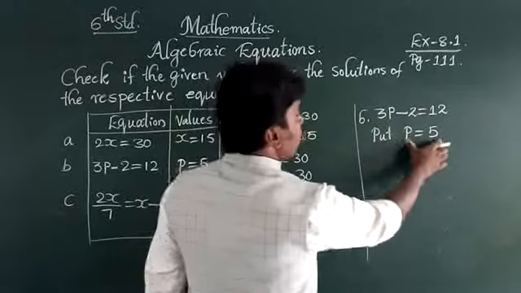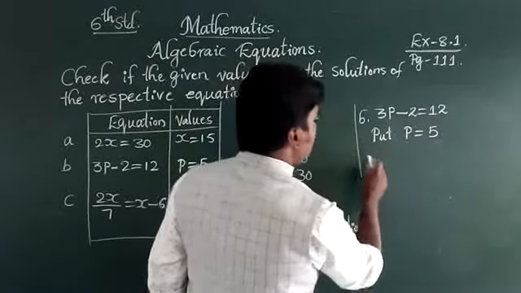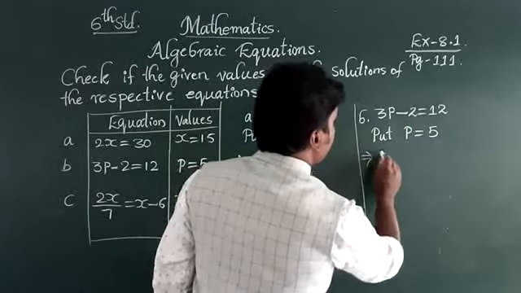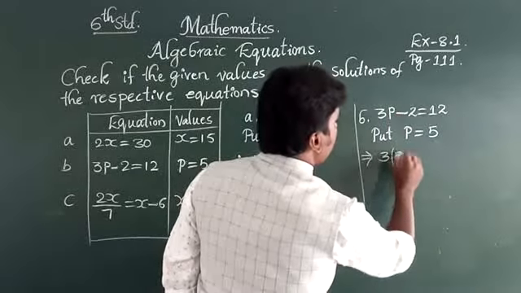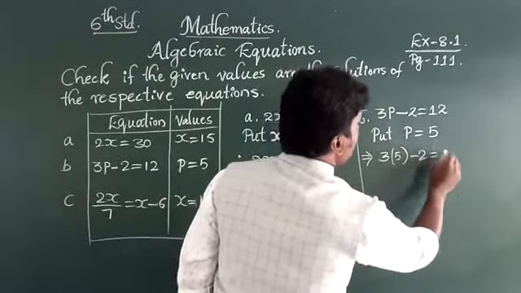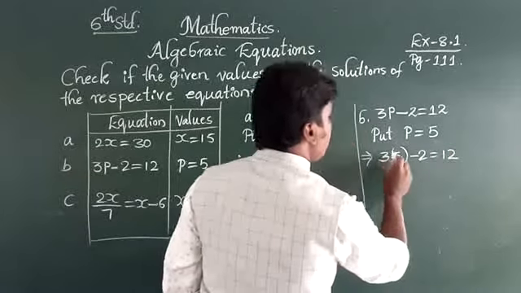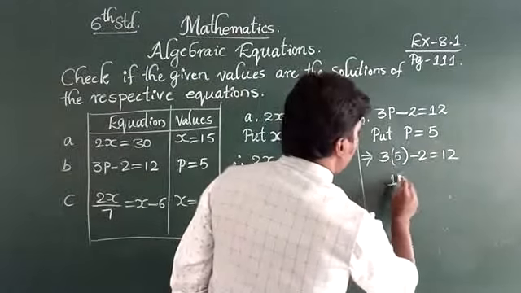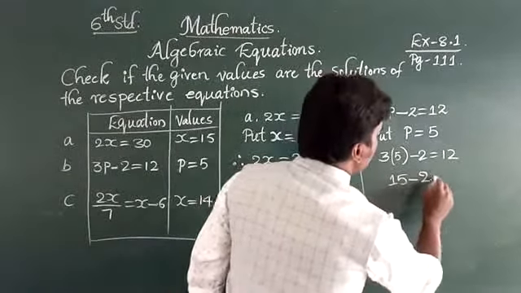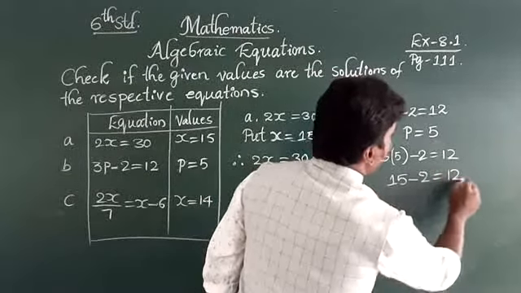We substitute the p value in the place of p, so that it implies 3 into the value of p, 5, minus 2 is equal to 12. So 3 fives are 3 into 5, 3 fives are 15.